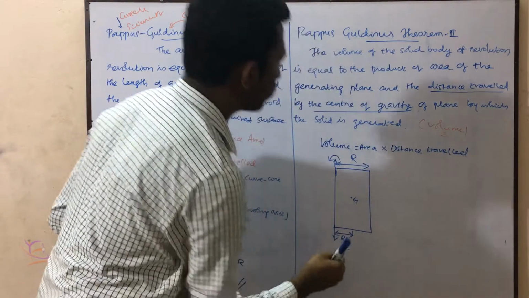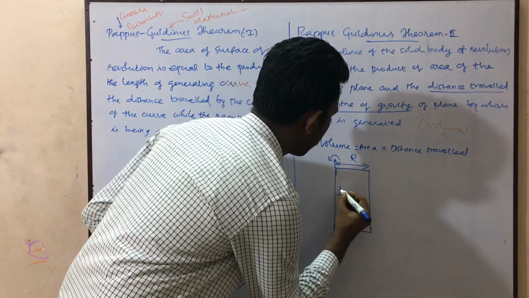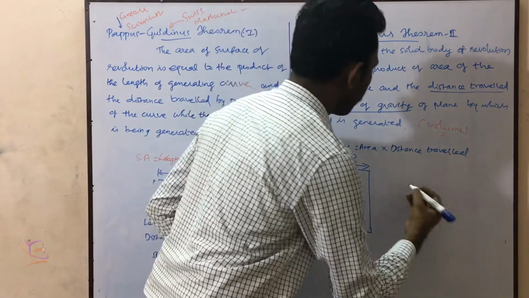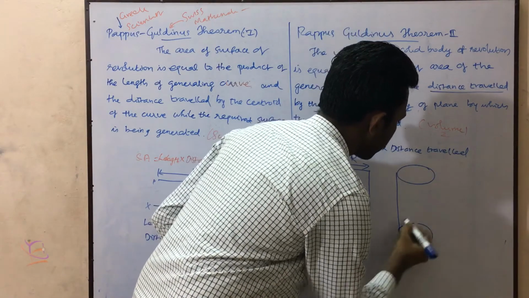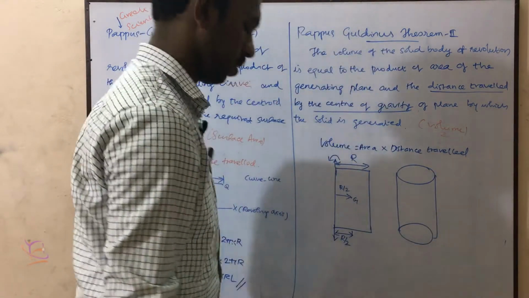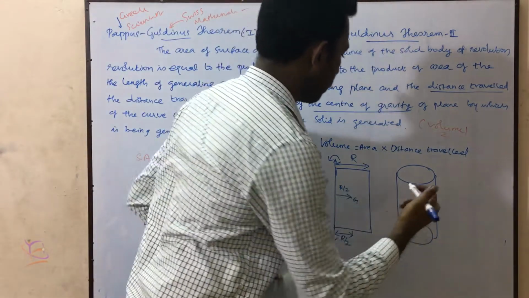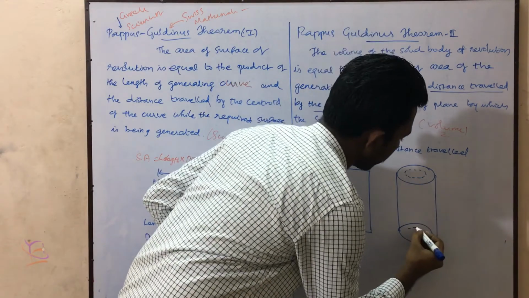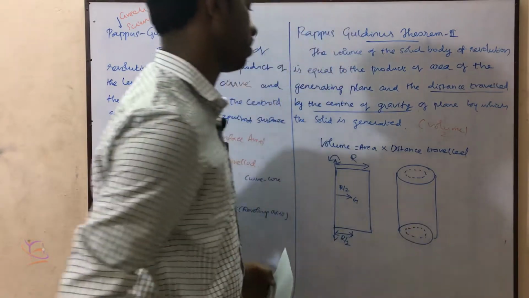So r by 2 is going to revolve, and it will produce a cylinder. This is the path traced by the centroid point.